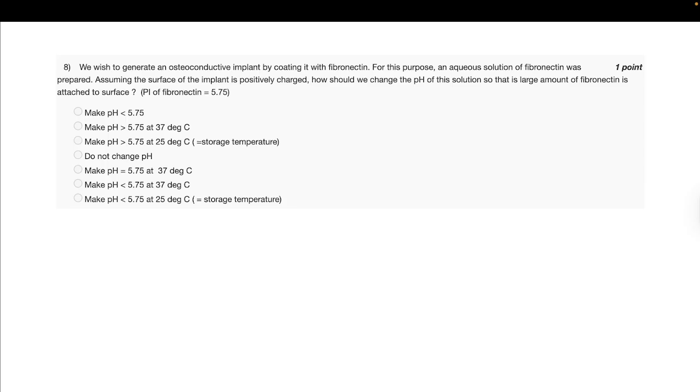Okay, people have already started answering. Option 1, make pH lesser than 5.75. Thanks for responding. Anybody else would like to give it a try?